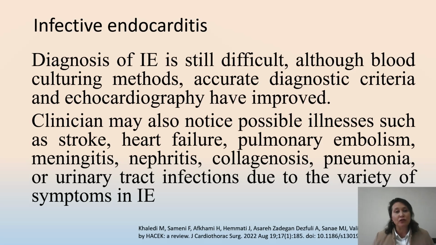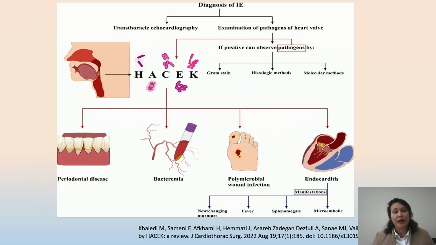Clinicians may also notice possible illnesses such as stroke, heart failure, pulmonary embolism, meningitis, nephritis, collagenoses, pneumonia, urinary tract infection, due to the severity of symptoms of infective endocarditis. The main steps for diagnosing infective endocarditis you can see at this slide, and we start with the transthoracic echocardiography and examination of pathogens of heart valve.